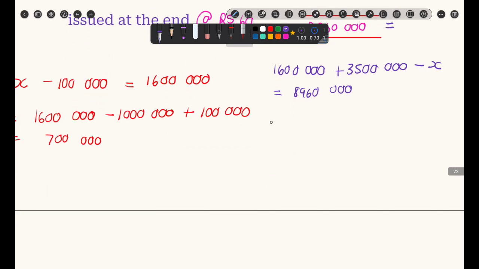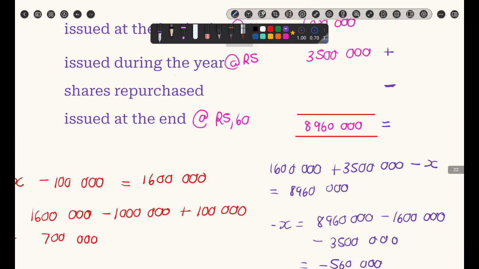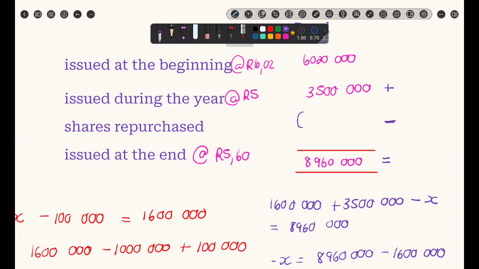Then I solve for X. X is going to be 8,960,000 minus 1,600,000, then minus 3,500,000. And the answer you'd get there is a negative 560,000. And it's good because our buyback is a negative amount.